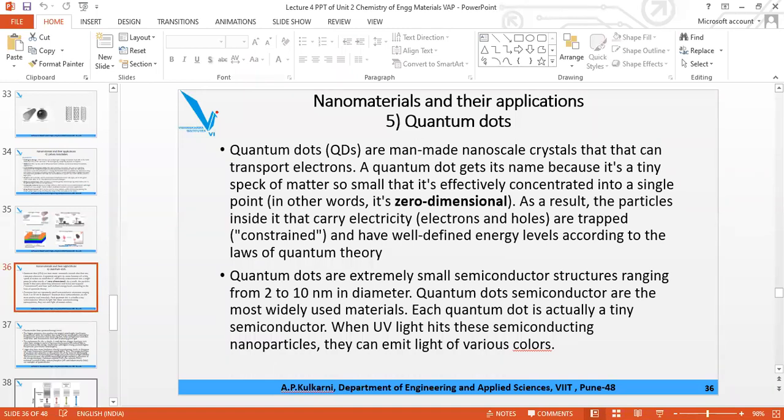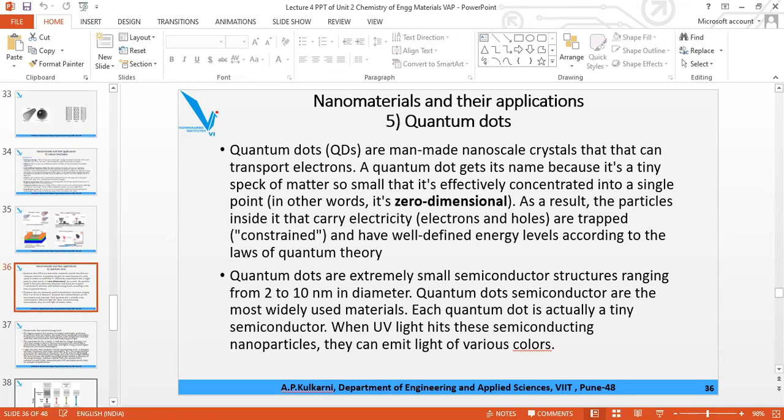They are mostly semiconductors. Each quantum dot is actually a tiny semiconductor. When you hit it with UV light, it emits light of various colors. So quantum dots are the carriers of electrons and holes.